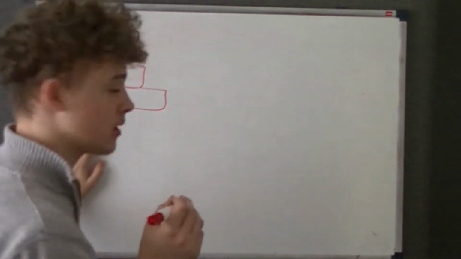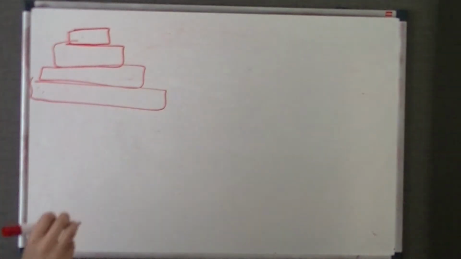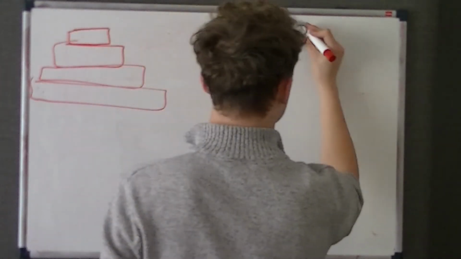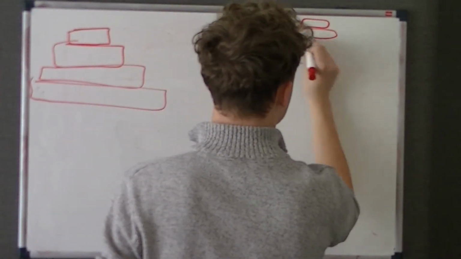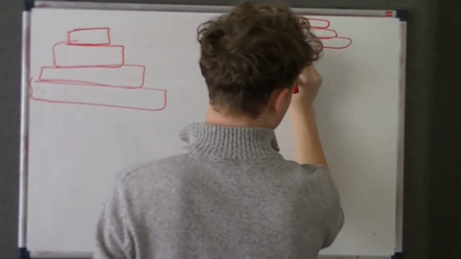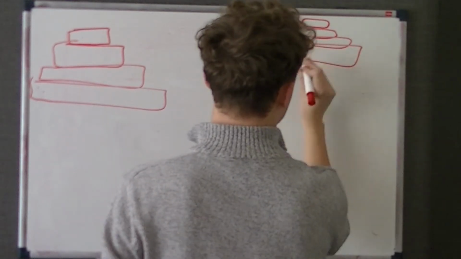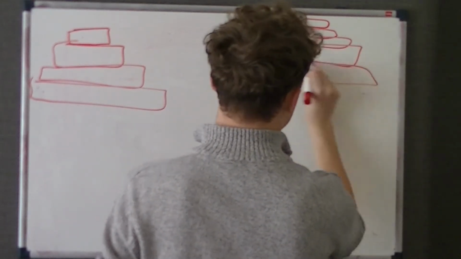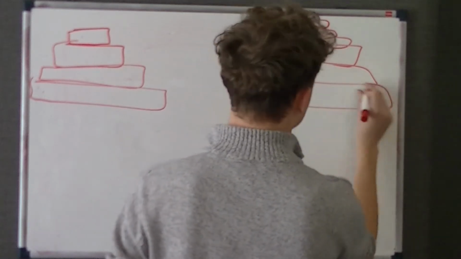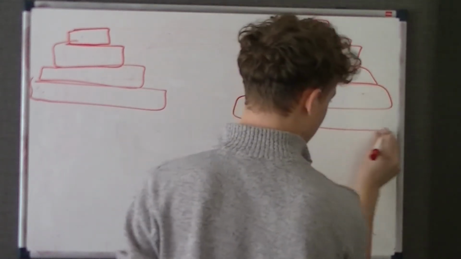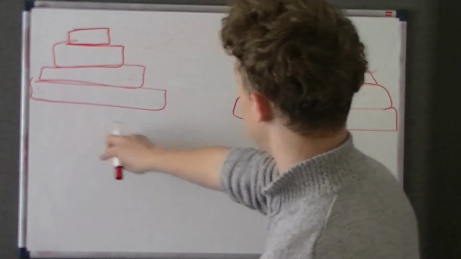Assume that's a flat structure on the left, and we're going to draw a tall structure on the right. Okay, so we've got two types of structures.